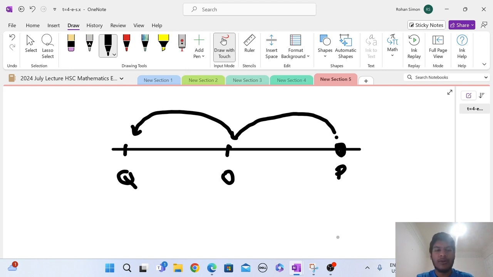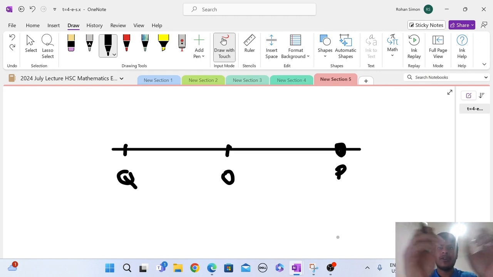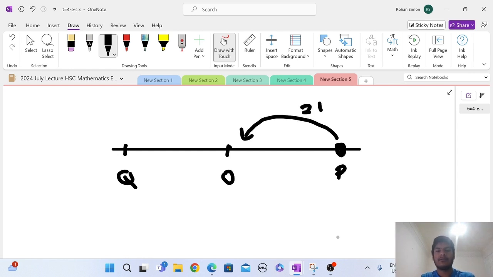It says the period of the particle is 8 pi, so it's going to take 4 pi for one way and then 4 pi for back. That means it takes 2 pi to get to the center, and 2 pi to get to this extreme value.